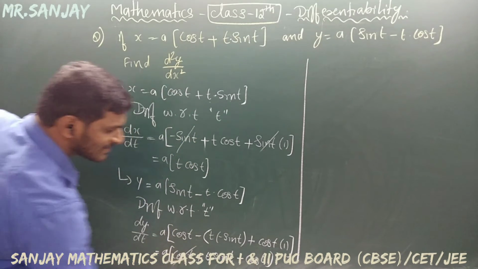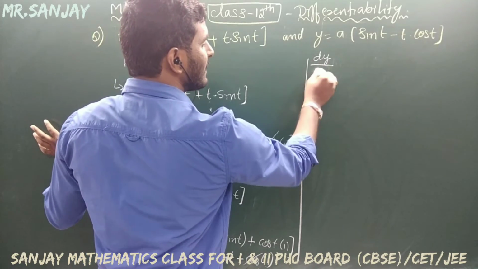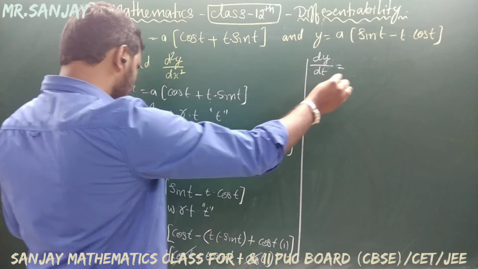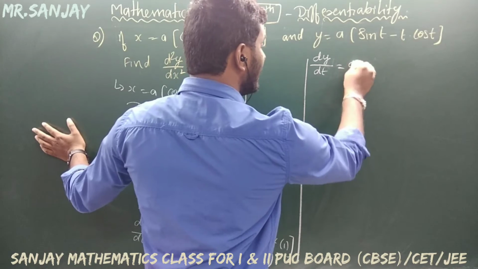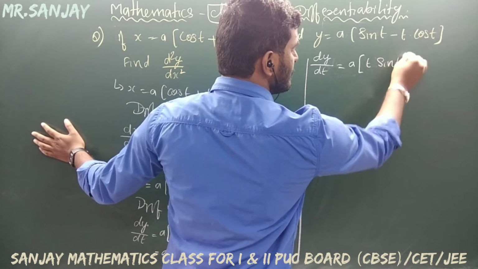Now it is plus cos t minus cos t get cancelled. So dy by dt is equal to what? a into t sin t.